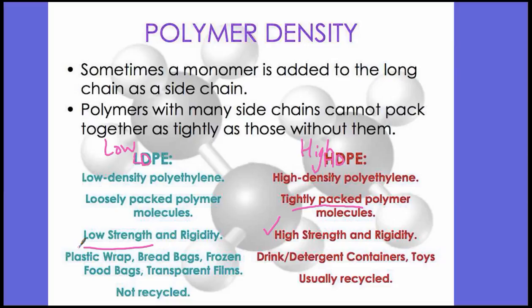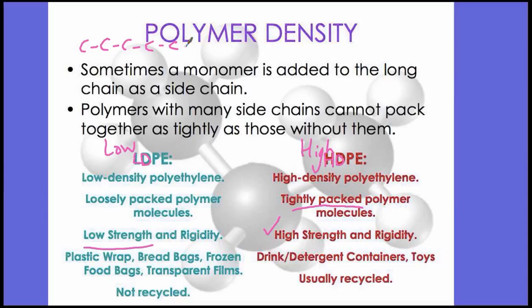So if we think about these molecules, how might they look different? What would something look like if you could pack it together? A lot of thingies. The carbon chain, that could stack on top of one another. What would interfere with that high density stacking or packing together?